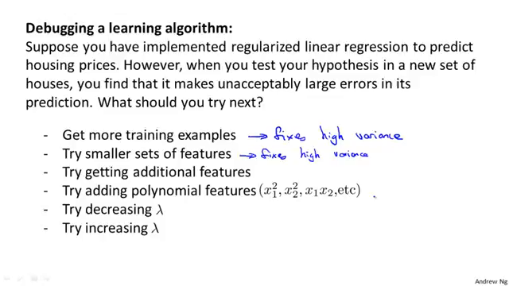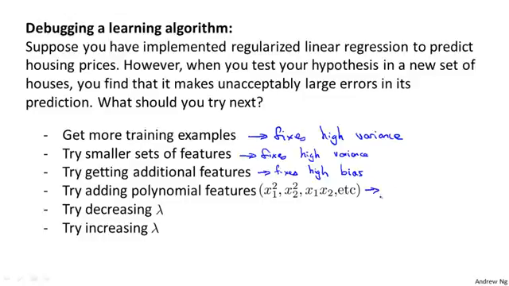How about trying to get additional features? So adding features, usually, not always, but usually we think of this as a solution for fixing high bias problems. If you're adding extra features, it's usually because your current hypothesis is too simple, and so we want to try to get additional features to make our hypothesis better able to fit the training set.